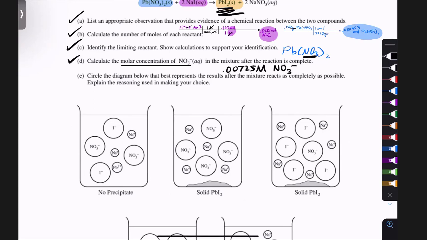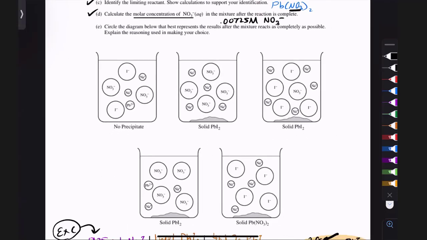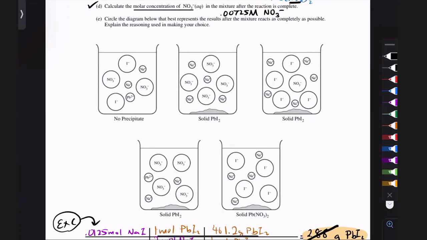Lastly, on letter E, circle the diagram below that best represents the results after the mixture reacts as completely as possible, and explain your reasoning. First of all, you have to eliminate the bad answers because the solid was PbI2. Once we get rid of that, these are all pretty much appropriate choices so far.